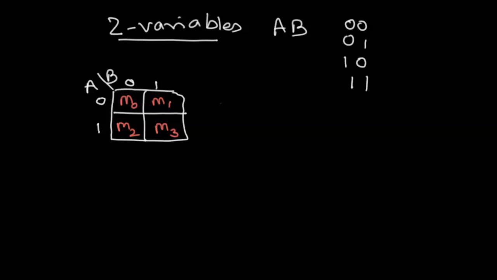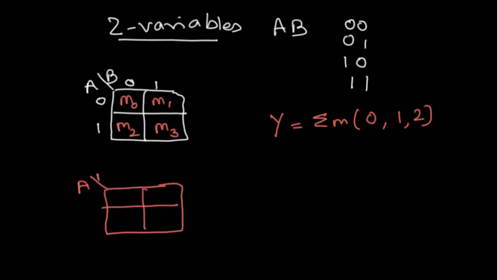Now let's try solving the K-map when a question is given to us. Let's say Y is an expression for the min terms 0, 1, and 2. These 0, 1 and 2 represent M0, M1 and M2. Let's start filling up our K-map. Because it is min terms, this represents my SOP form.